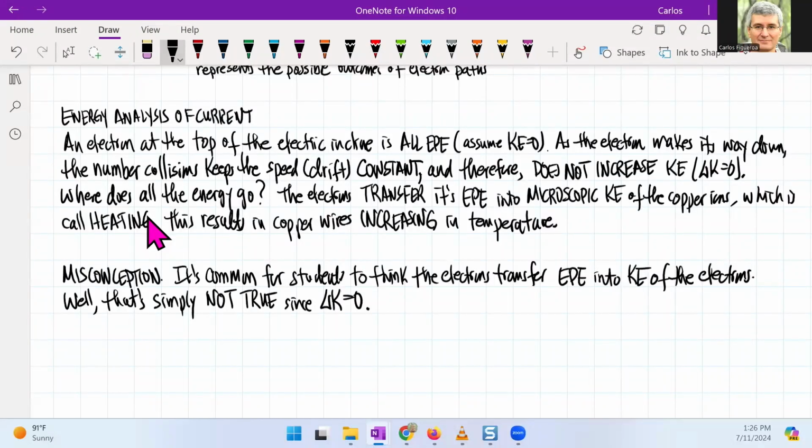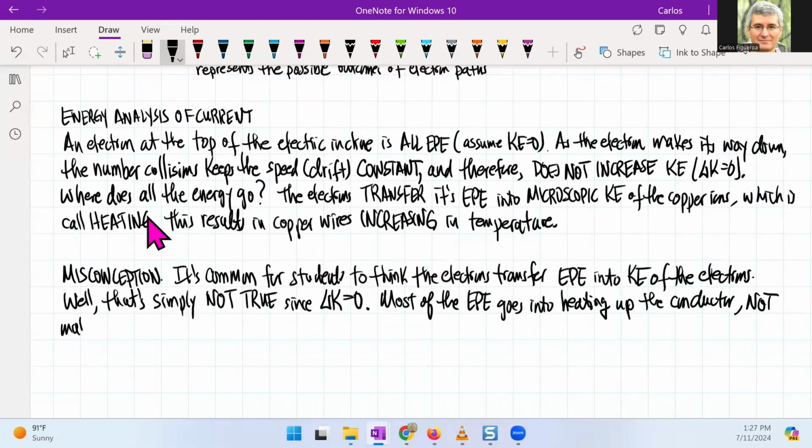Most of the electrical potential energy goes into heating up the conductor, not making the electrons move faster.